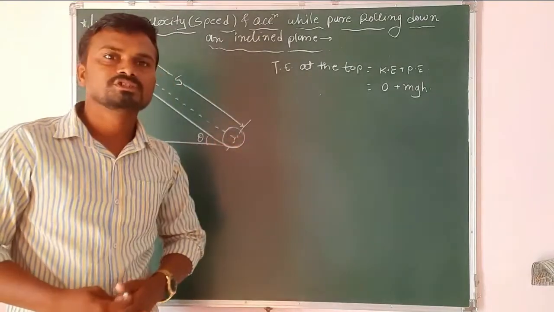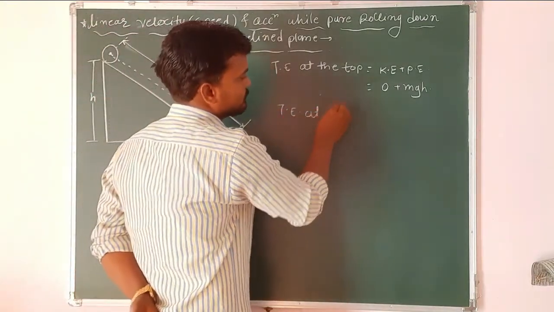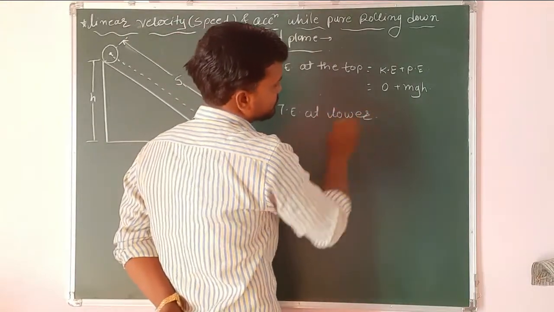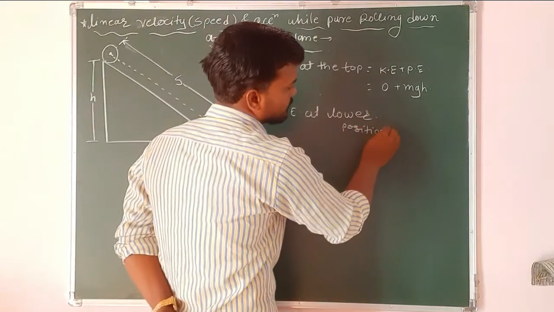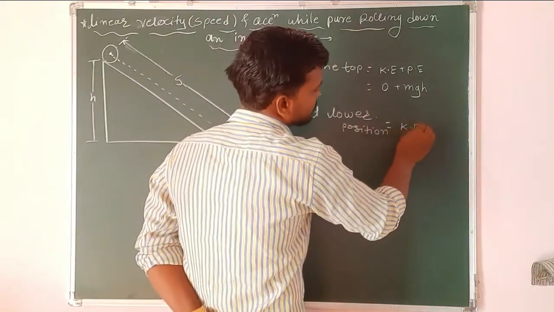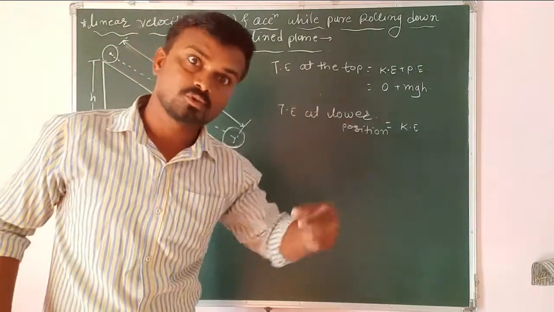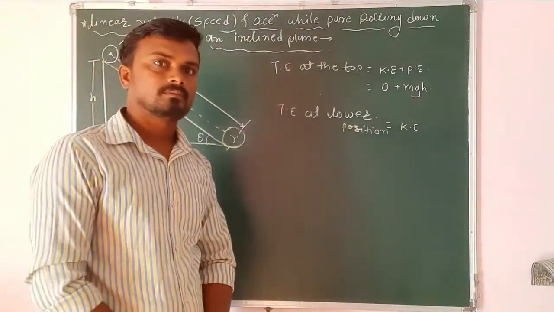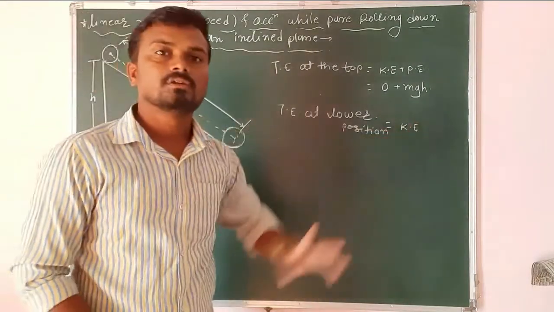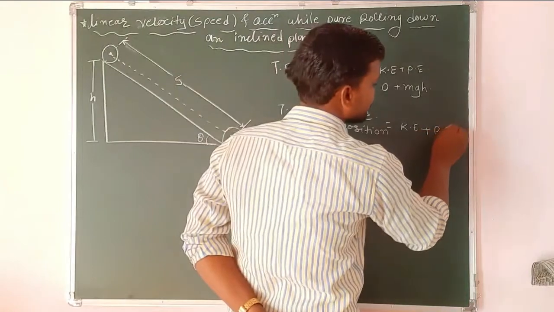At the lowermost position, total energy at the lower position is equal to kinetic energy. Obviously, the kinetic energy is nothing but the kinetic energy of rolling motion because the object rolls down from this point to this point, plus potential energy.